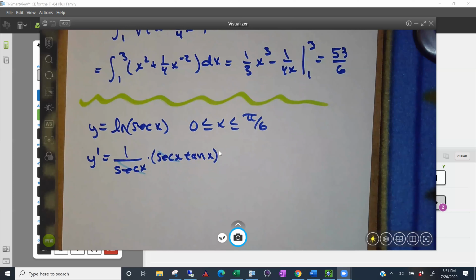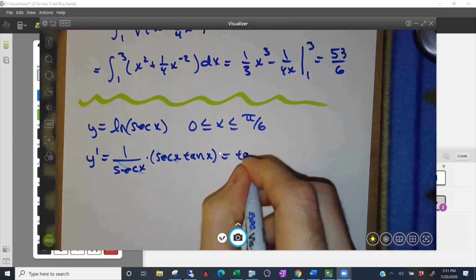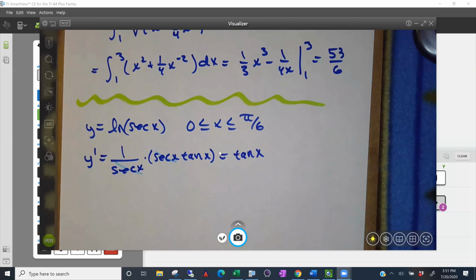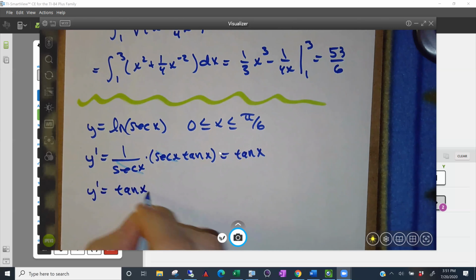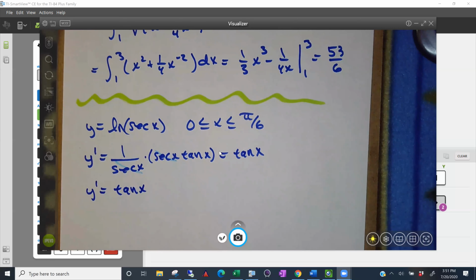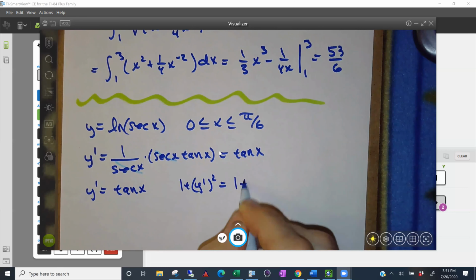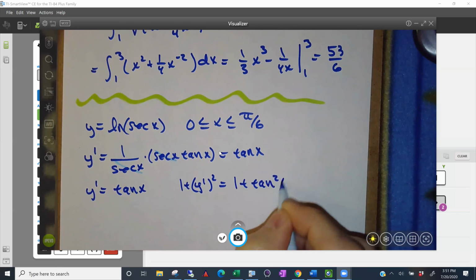Just leaves me with tangent of x. So cool. So y prime equals tangent of x. Let's look at 1 plus y prime squared. It's going to be 1 plus tangent squared x.